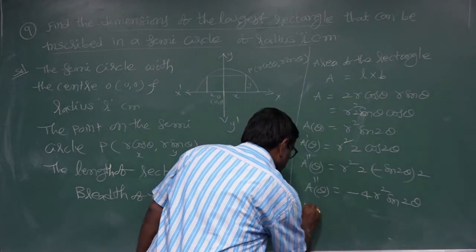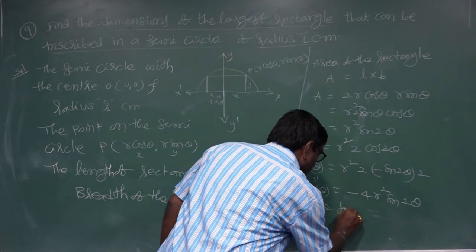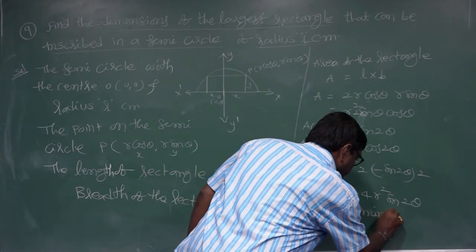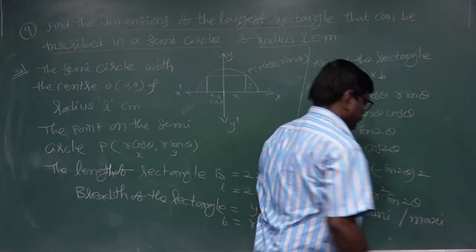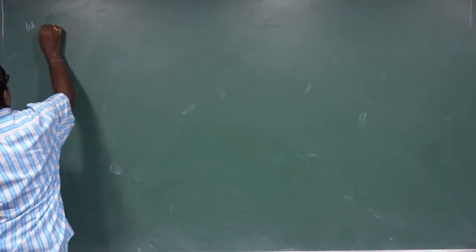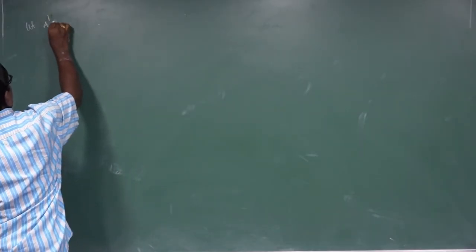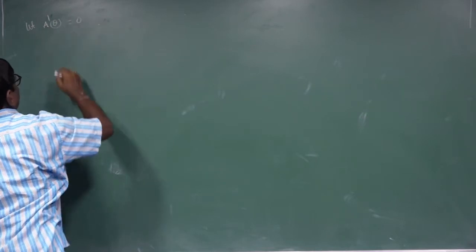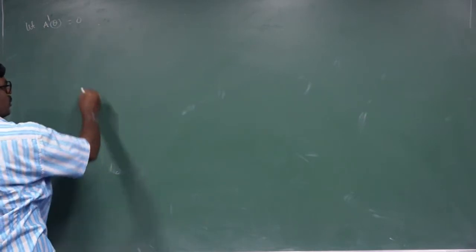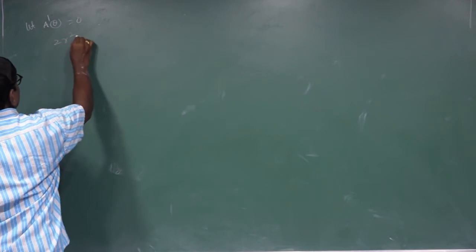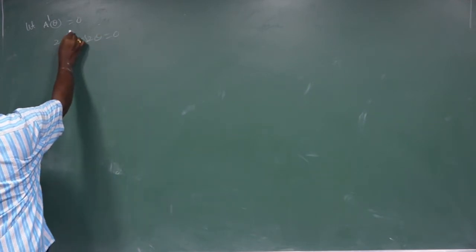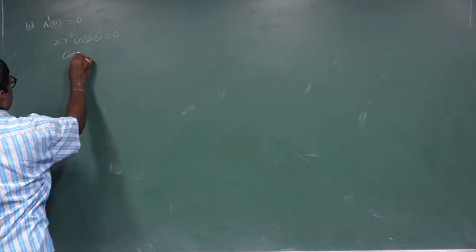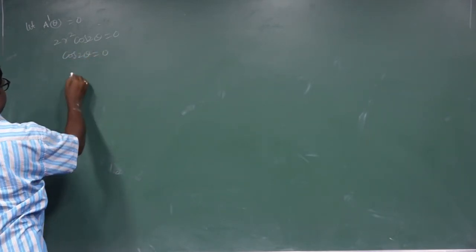Now, for minimum or maximum, A dash theta equals 0. That gives 2r square cos 2 theta equal to 0, so cos 2 theta equals 0.